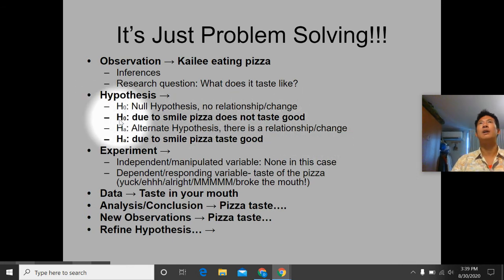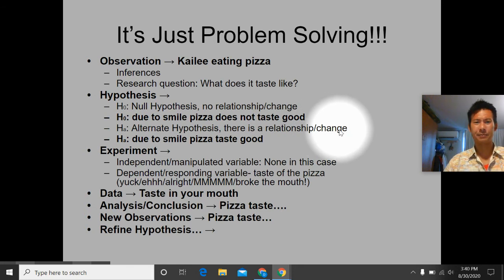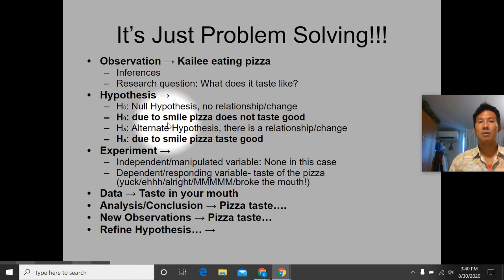Okay, another easy example that I like to use is, you know, you're looking at a table. If the table is black, all right, so that's a problem. Okay, that's your research question. What color is the table? Okay, now, because it looks black to you, your alternate hypothesis will be the table is black. All right, now the null hypothesis will be the table is not black.